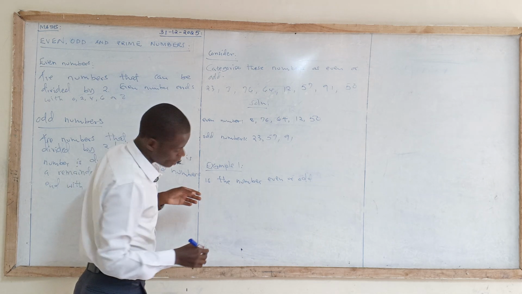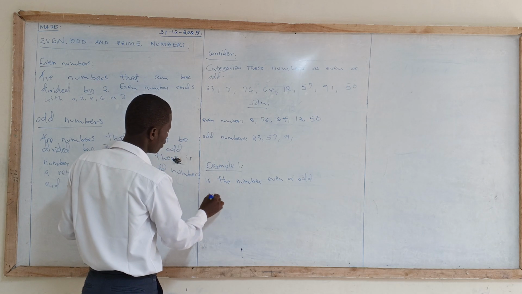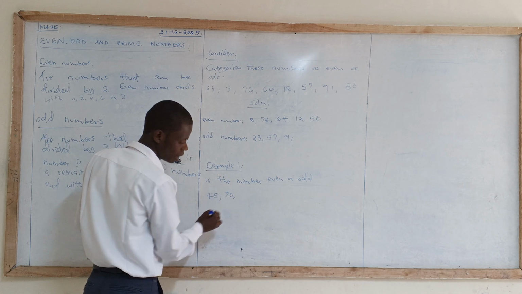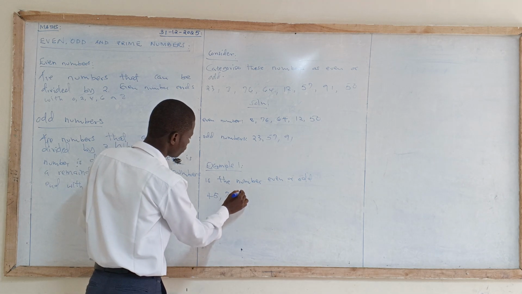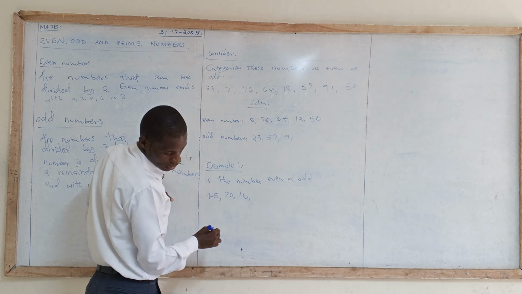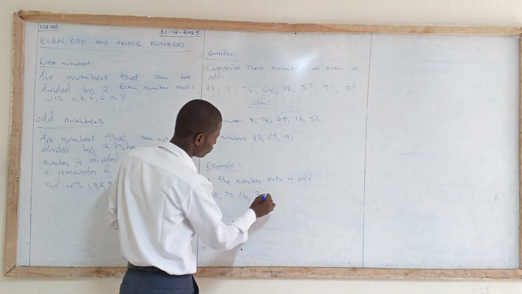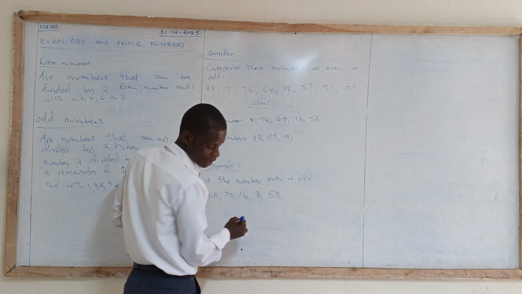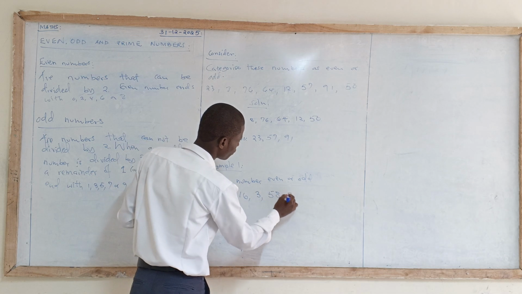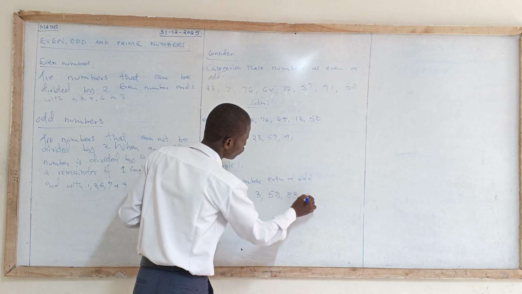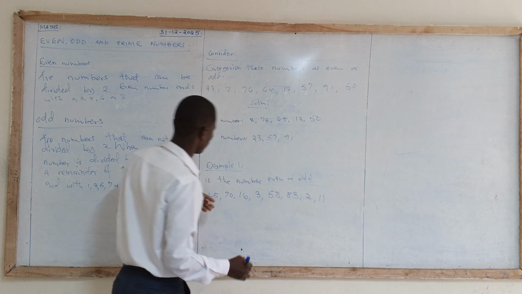Now, what are the numbers? We have 45. Next, we have 70. Next, we have 16. Next, we have 3. Next, we have 58. Next, we have 83. Next, we have 2. And next, we have 11.